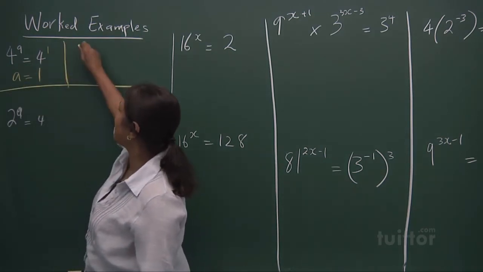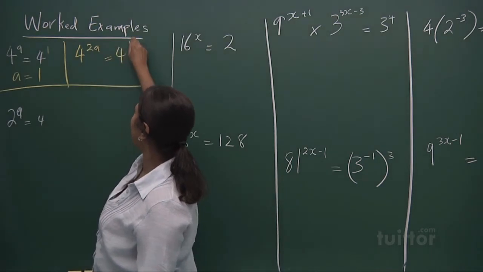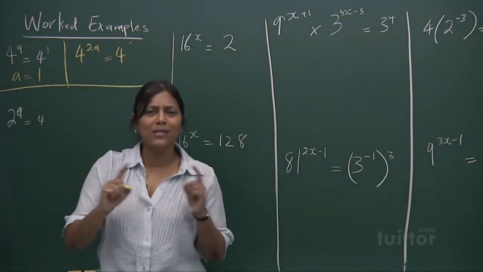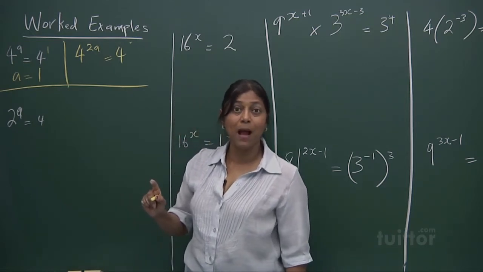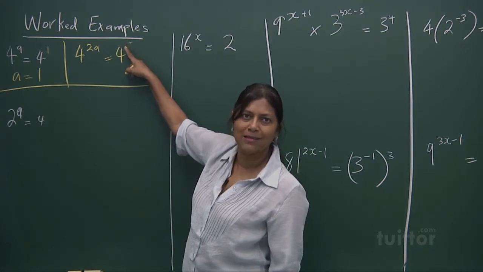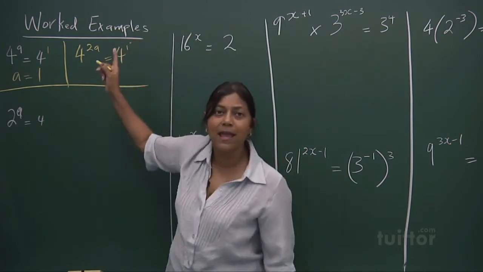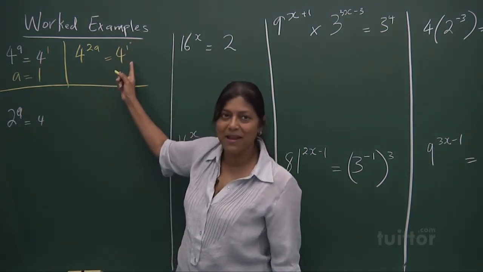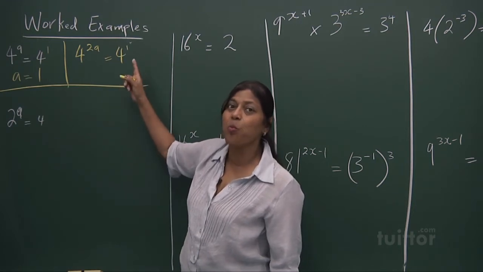What happens if I said 4 to the power of 2A is 4? And what if I don't write any power? There is a ghost power. And that ghostly power, that invisible power that you can't see, is none other than 1 hanging up there. Not -1, not 0, it's 1.